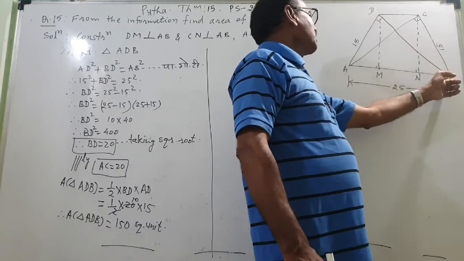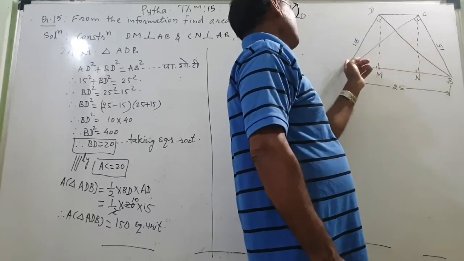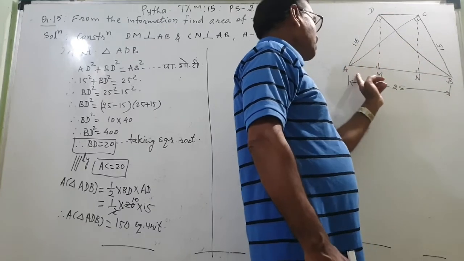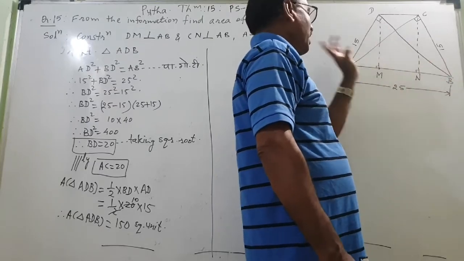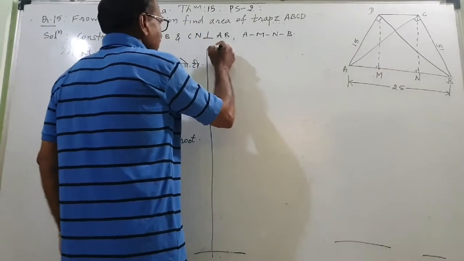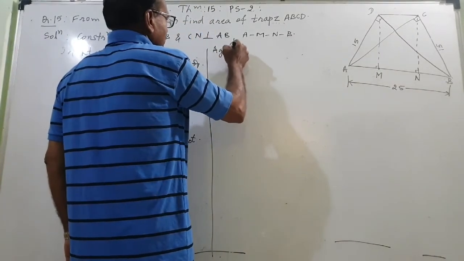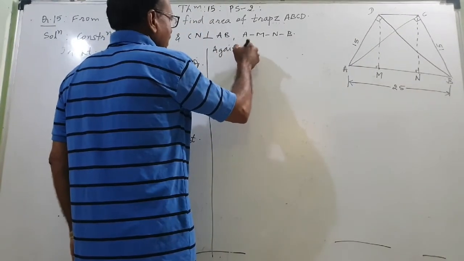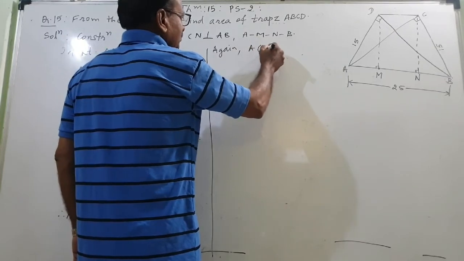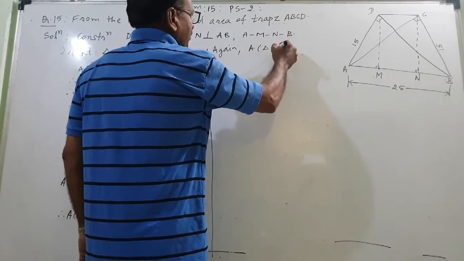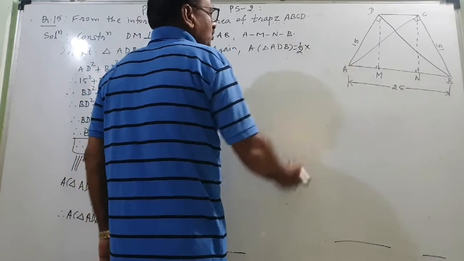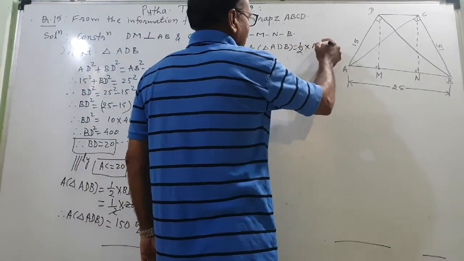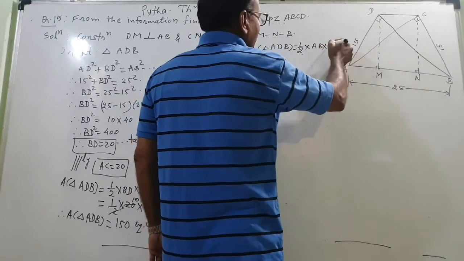If this is the base, on this is the perpendicular, so this will be the height. Again, area triangle ADB is equal to 1 upon 2 into base I am taking AB into height will be DM.